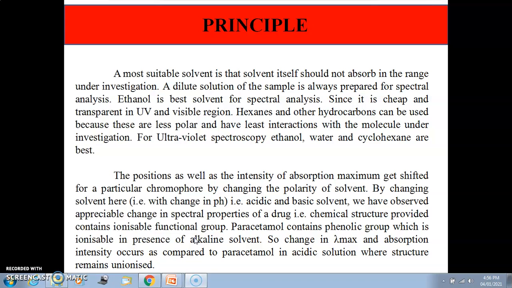The second criterion for a good solvent is its effect on the fine structure of an absorption band. A non-polar solvent does not form hydrogen bonds with the solute, so the spectrum of the solute closely approximates the spectrum that would be produced in the gaseous state, where fine structure is often observed.